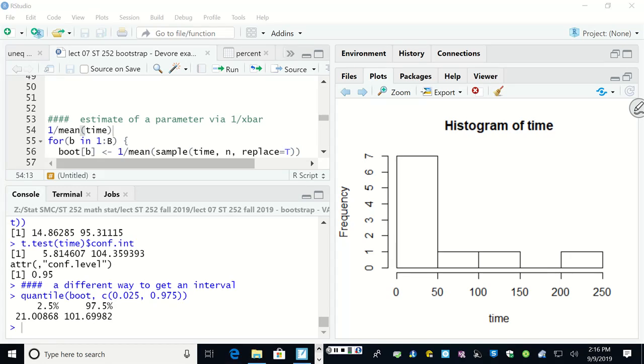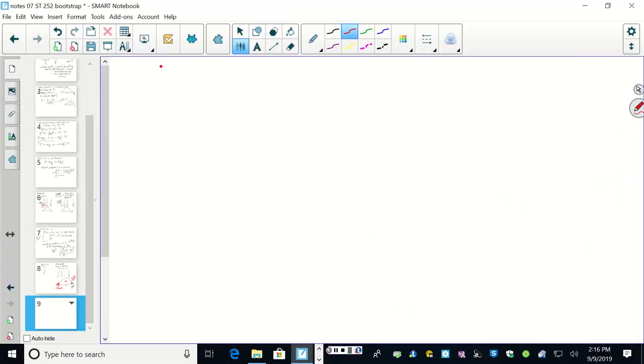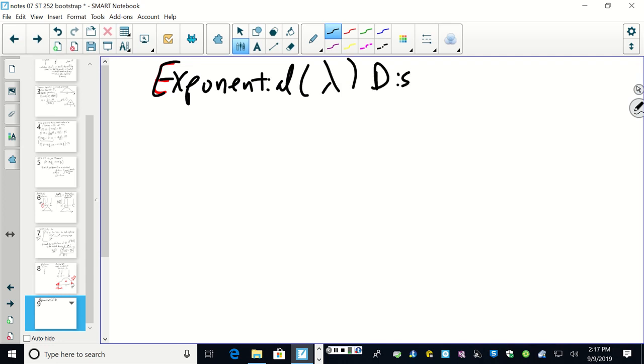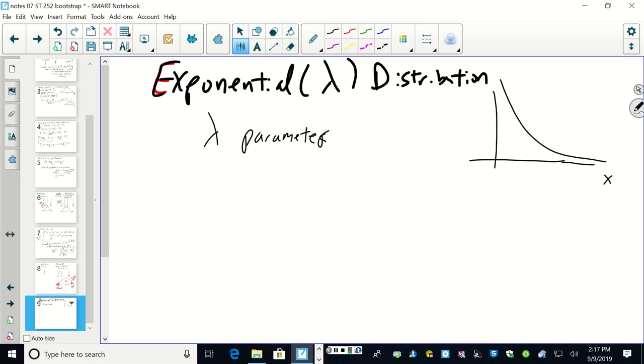In an exponential model, that lambda is the parameter that governs the shape, how fast the probability model goes down for values of x. The estimate of lambda that is used is 1 over x bar.